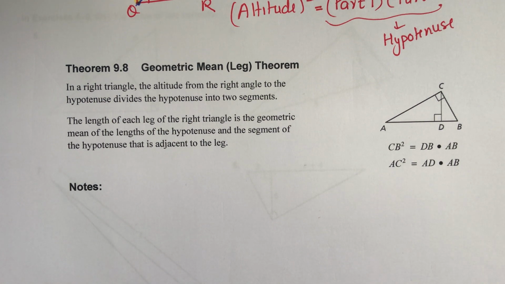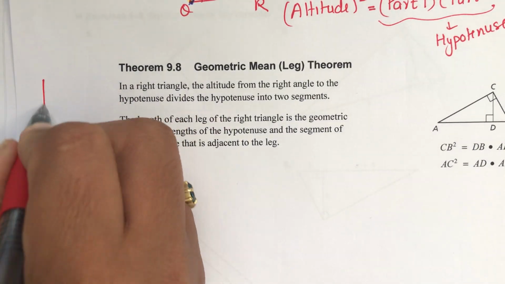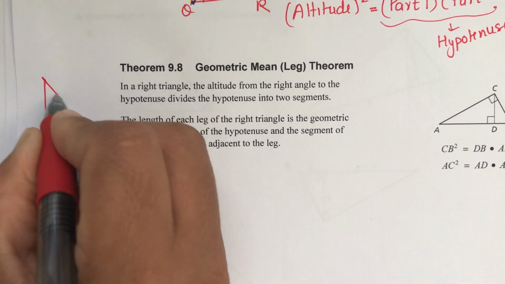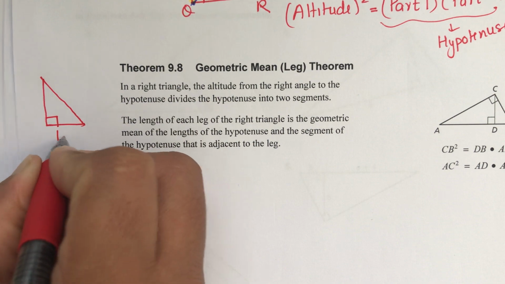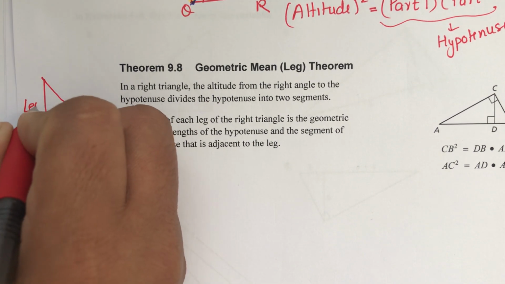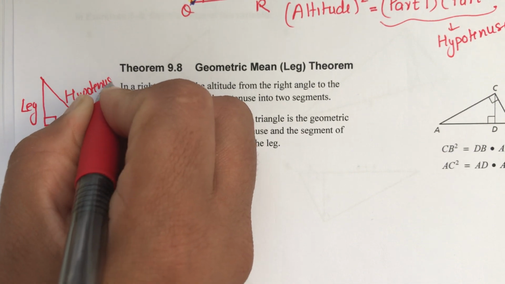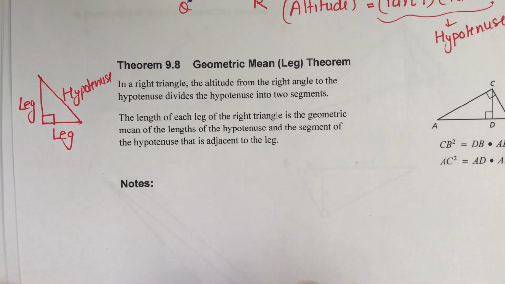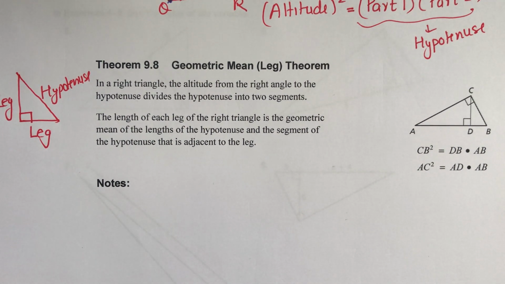All right, so keep in mind, just for the sake of review, the sides which make the 90-degree angle are called legs, and the one opposite to 90 is called the hypotenuse. All right, so we're going to apply this theorem here, and let's see, what does it say?